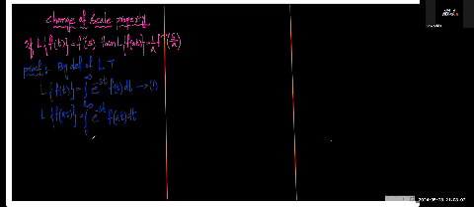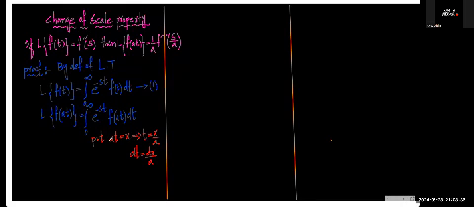Put at is equal to x, and this implies t value is x by a. And if you differentiate, dt is equal to dx by a. Now if you put lower limit as 0, you will get x is equal to 0.